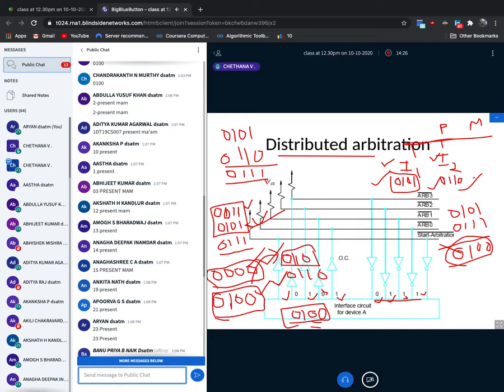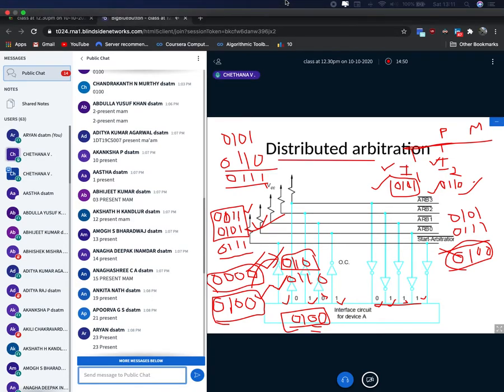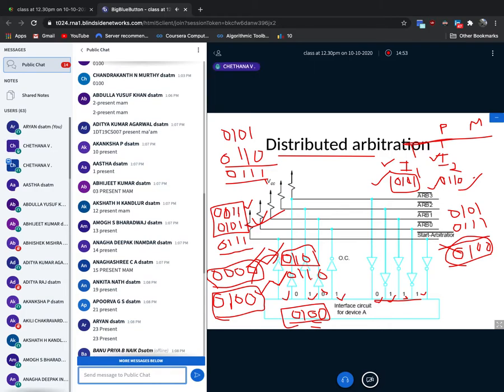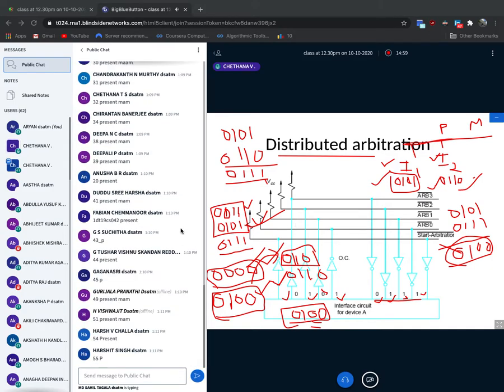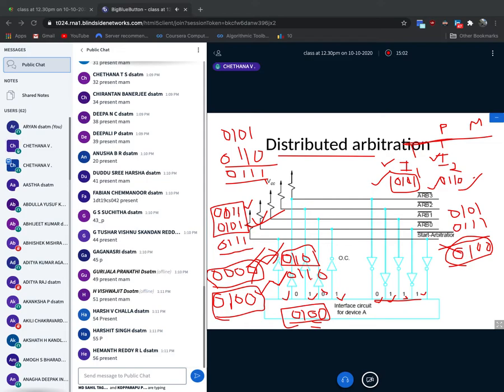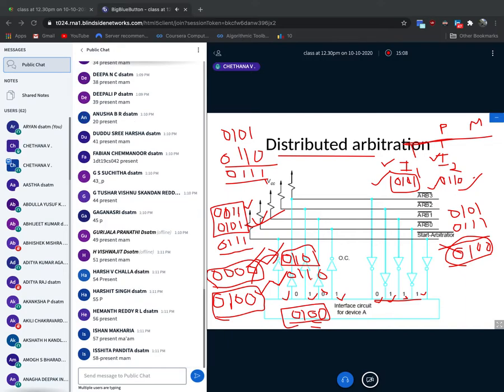Vishwajit. Present, ma'am. Vishwajit present ಅಲ್ಲ? Gurudarshan ಇದ್ದಾರಾ? Gurudarshan is there? Vishwajit is there? Yeah. Harish Kumar. Harishwini. Harshvi Challa. Okay. Harshit. Okay. Hemant. Ishan. Okay, Hemant. Ishan. Okay. Ishita.